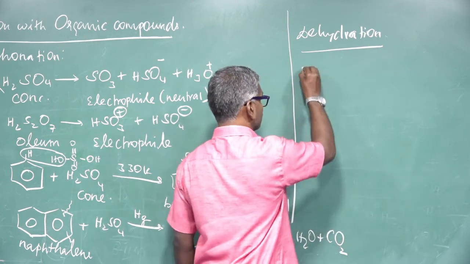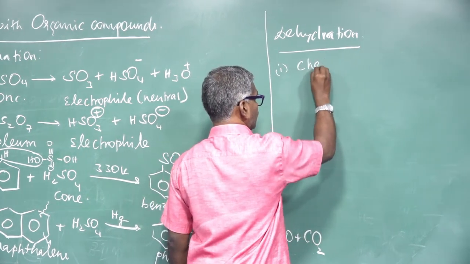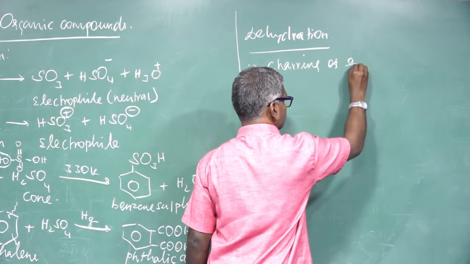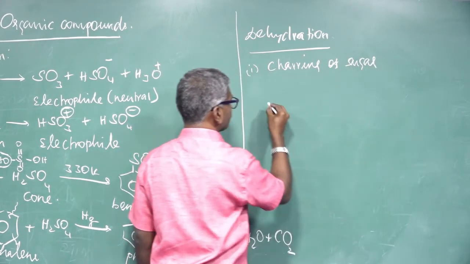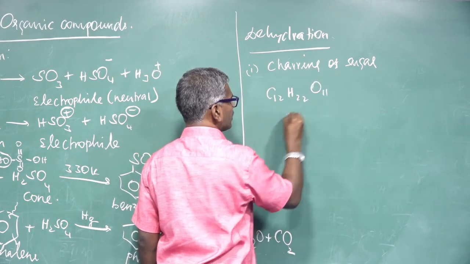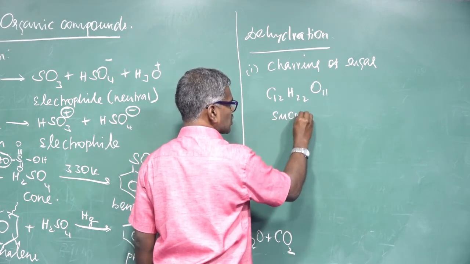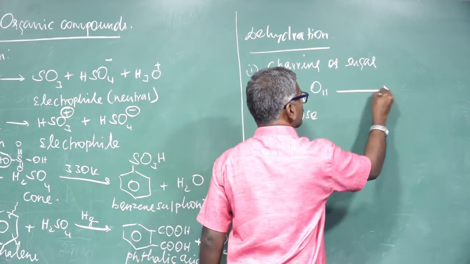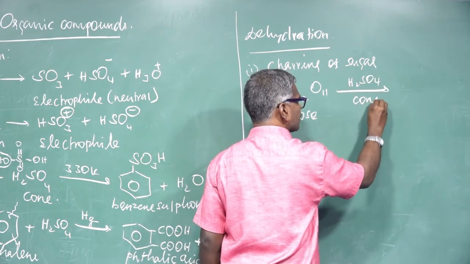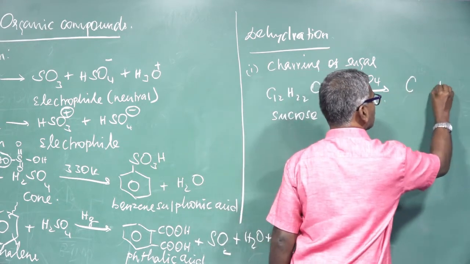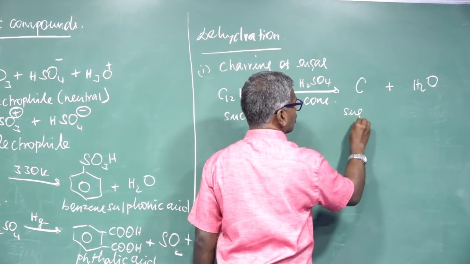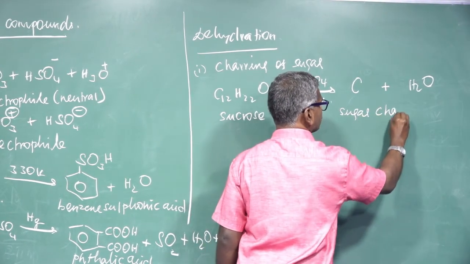Point number 1: sugar, C12H22O11, named sucrose, reacts with concentrated sulfuric acid to form carbon plus water. This is sugar charcoal.